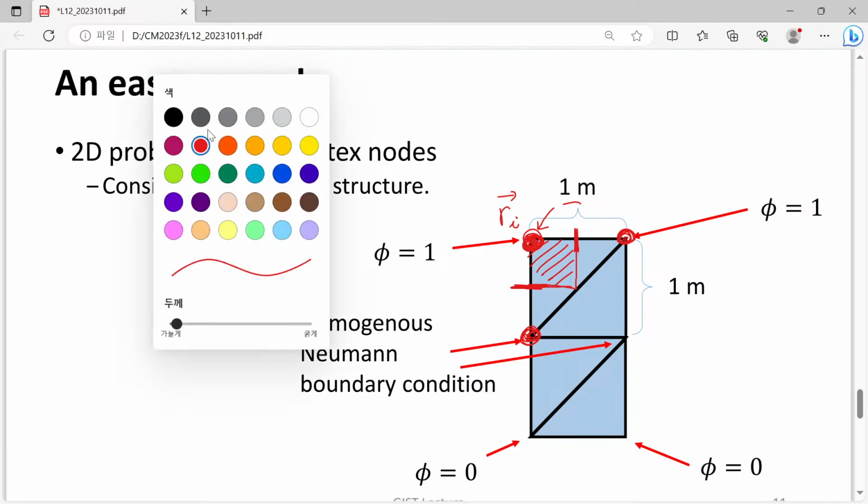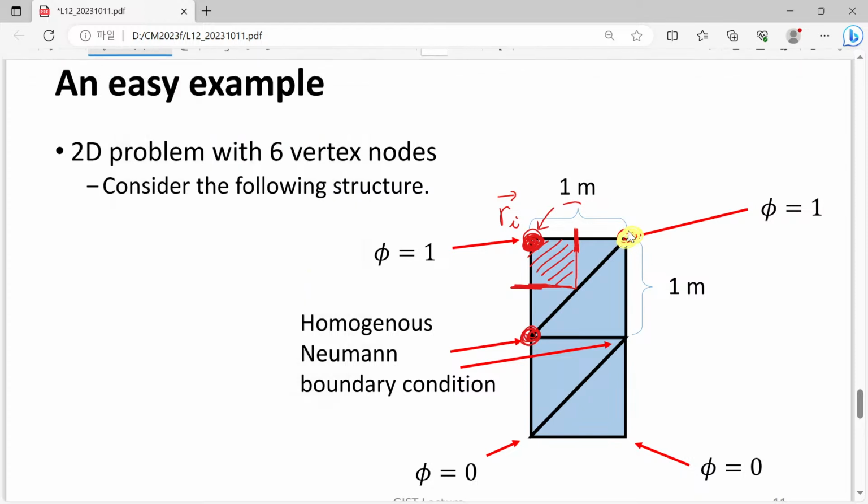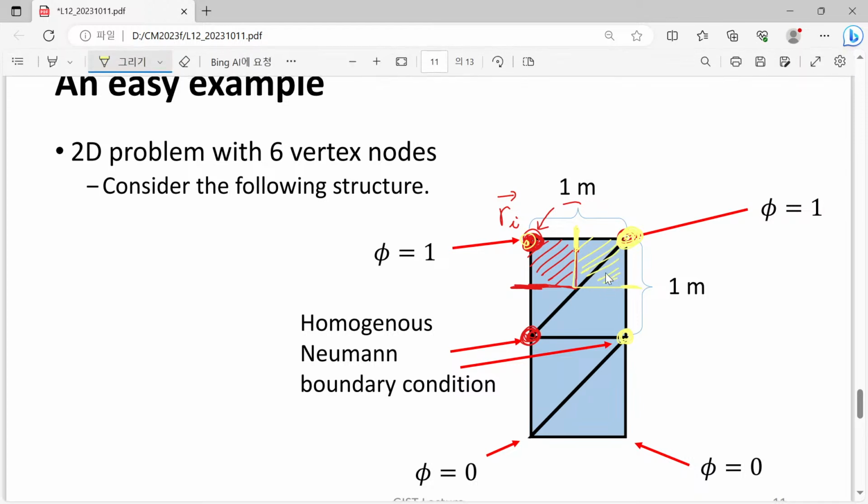Let me repeat this once again for this guy. If we consider this one, what will be the appropriate box? It also has 2 other neighboring points here. Then we can once again take the midpoints, and you will immediately find that this is the good box for this point.